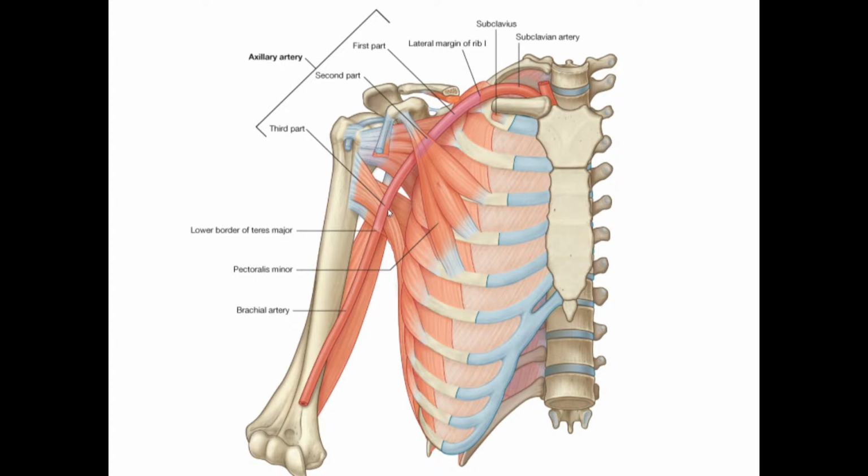From the third part, we have mostly the divisions that we already mentioned today. And after that, at the lower border of teres major, we have the brachial artery. Do you have any questions regarding this? So the subclavian artery is continuing, and at this level we finish at the brachial artery.